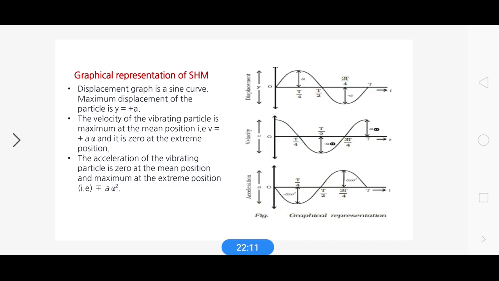So that's why we got the values as A omega, 0, minus A omega, 0 and plus A omega. So these are the values of the velocity.